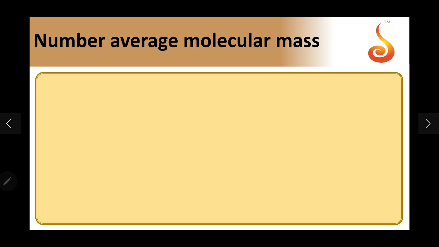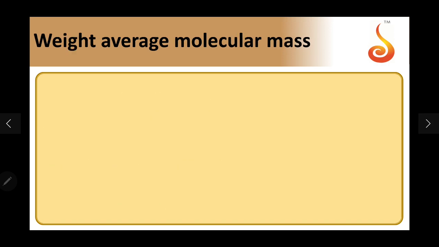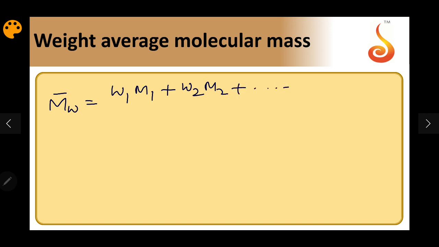Moving to weight average molecular mass. In case of weight average, instead of number, it is weight. So Mw bar is equal to w1 m1 plus w2 m2 plus etc. divided by w1 plus w2. Further, w1 I can write as n1 m1.